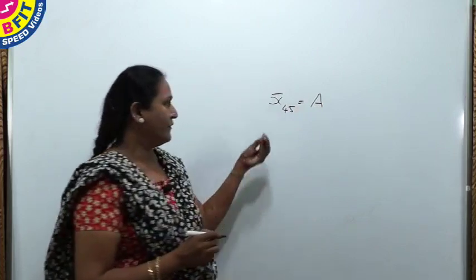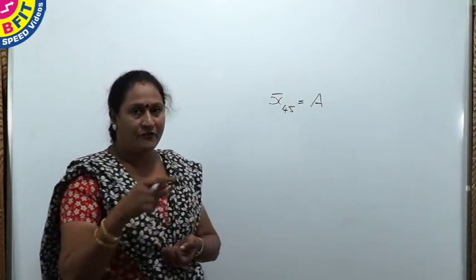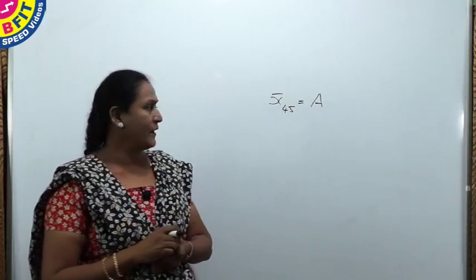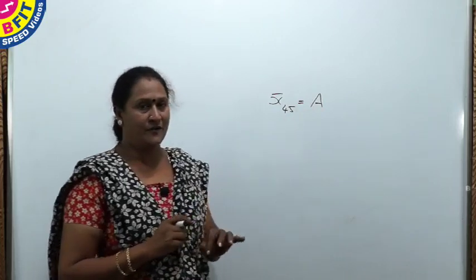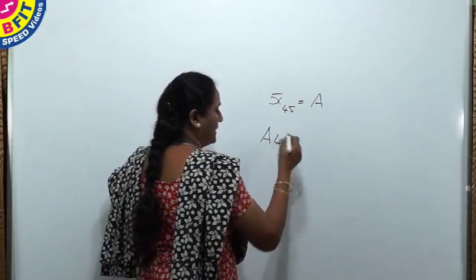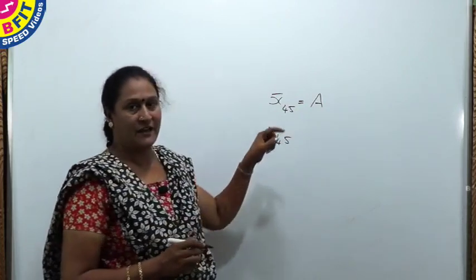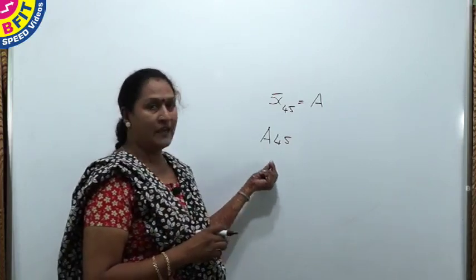So the average of 45 boxes I have taken as A, and now we have to find the sum of the weights of these 45 boxes, which is got by multiplying the average and the number of terms. So the sum of the weights of these 45 boxes is A into 45.